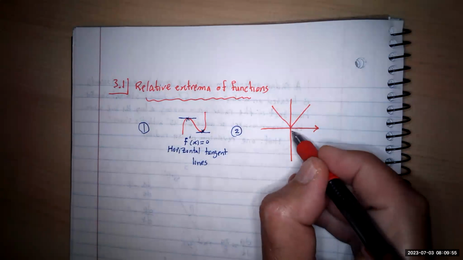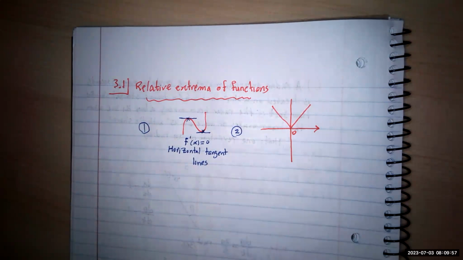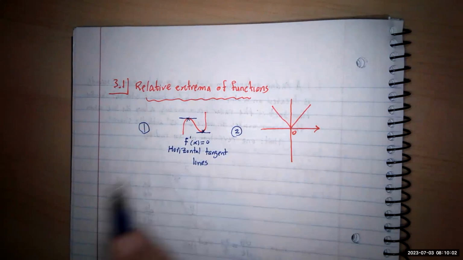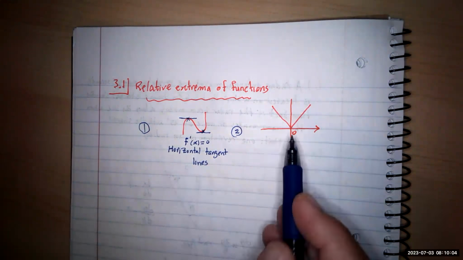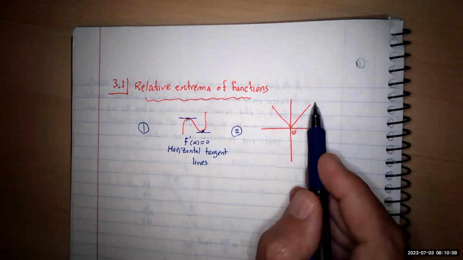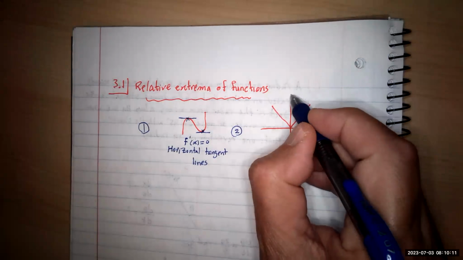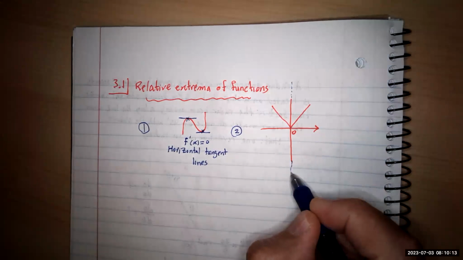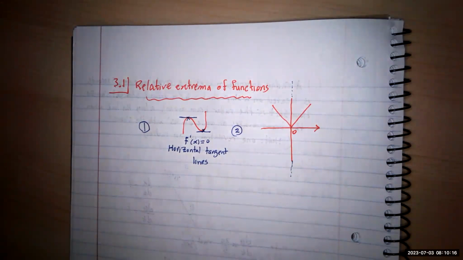At this point, you get the minimum. So 0 is the minimum value of this function. But as you can see, you cannot have a horizontal tangent line. In fact, the derivative of the function does not exist at this point because it's a sharp corner. You could say the tangent line is vertical, and if the line is vertical, the slope is undefined, and of course the derivative does not exist.